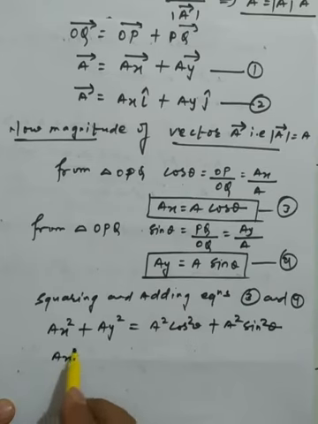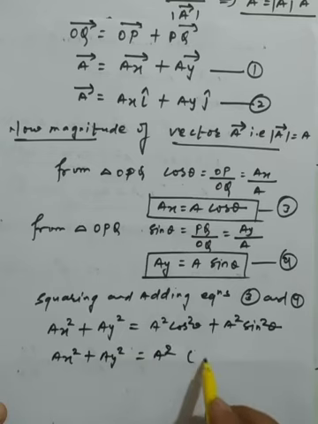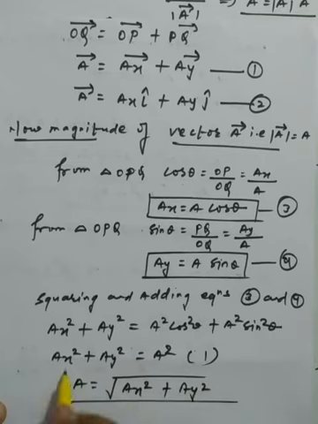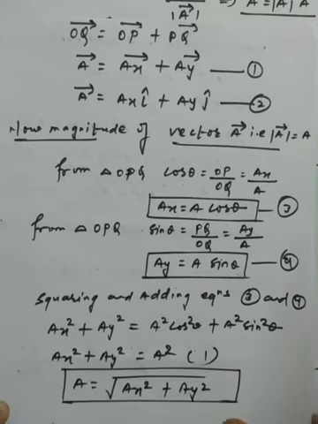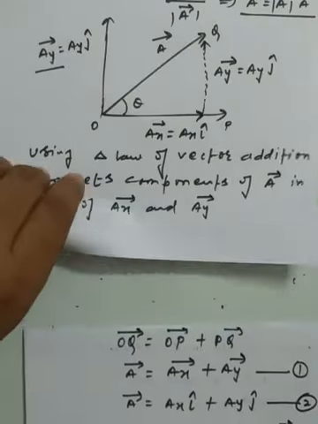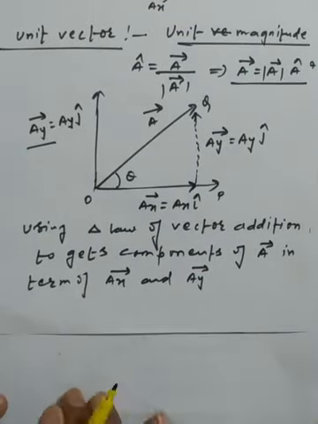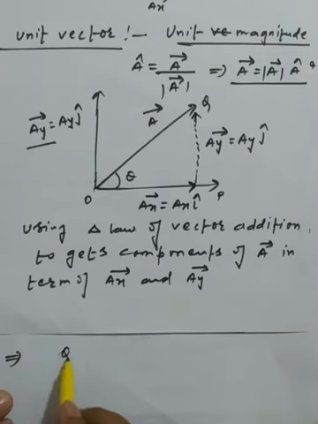Now AX square plus AY square is equal to A square, and we are getting the identity sine square theta plus cos square theta is equal to 1. So we are getting A equal to the under root of AX square plus AY square. So it's one of the basic methods we have. And from the triangle, if we apply the Pythagoras theorem, we can get the magnitude directly from the diagram.